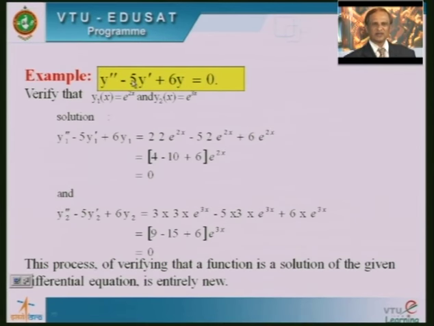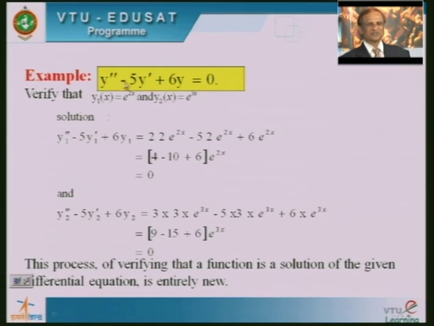We are also familiar with homogeneous and non-homogeneous equations. Clearly it is a homogeneous equation. How do you say that? Because the right hand side term is 0.